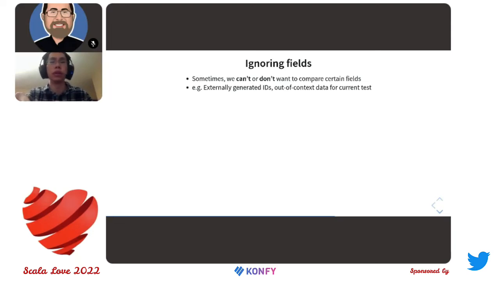Or maybe in this particular test, you don't really want to test the whole thing. They are not relevant, or you have a big complex data type, and you only need to test the behavior of a small part of it. So in that case, you want to be able to ignore it.